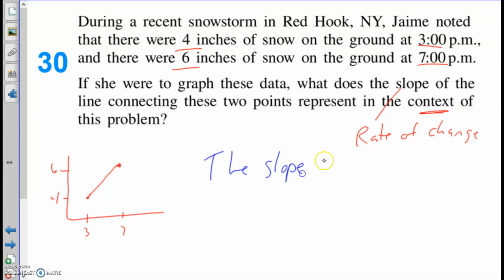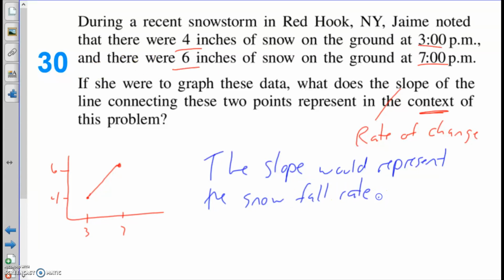But in the context of this problem, the slope would represent the snowfall rate, right? The rate of accumulation, if you want. It's how much snow is falling down, how quickly it's building up.